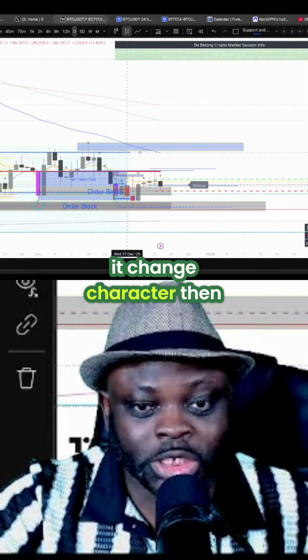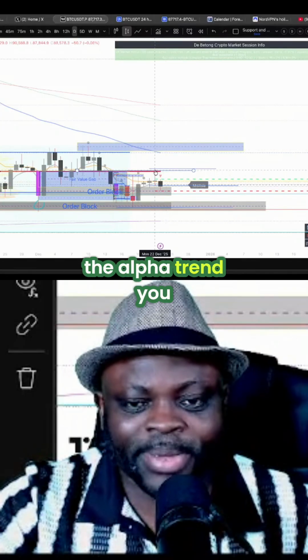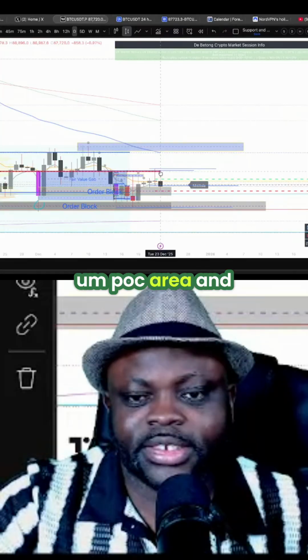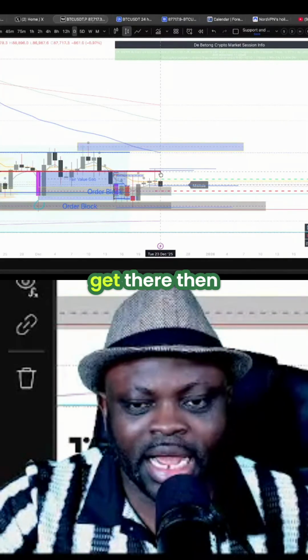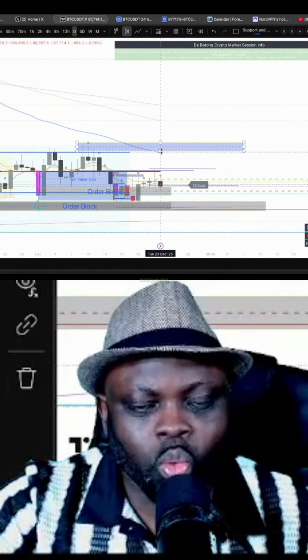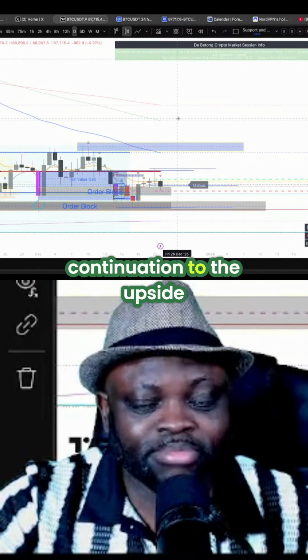And if it changes character, then what we should expect is a pullback towards the alpha trend, or this POC area. And if price gets there, then we want to be looking at price retracing back to that area before continuation to the upside.